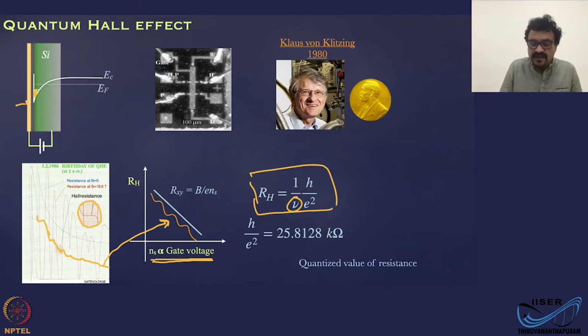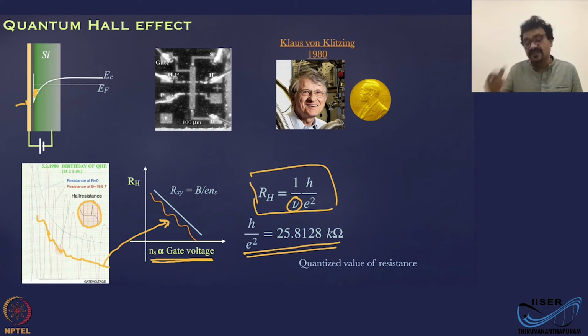That means the highest value is h by e squared, and the other steps are 1 by nu of h by e squared, where h by e squared is the resistance quantum, or quantized resistance value, which is equal to 25.8128 kilo-ohms. Okay, so this is the quantum Hall effect, where the Hall resistance is quantized in h by e squared.